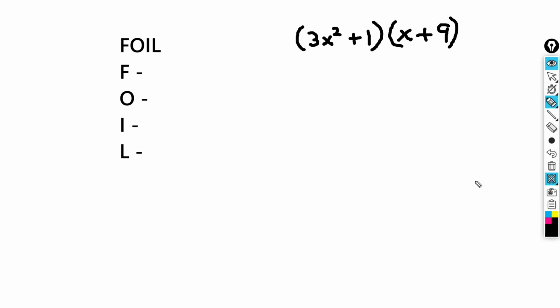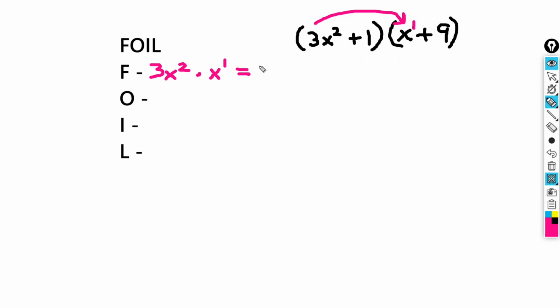Okay, in this example, we're going to multiply the binomial 3x squared plus 1 times x plus 9. Okay, so let's start with our first terms. We're going to do 3x squared times x, and this is like x to the first power. So we're going to do 3x squared times x to the first power.